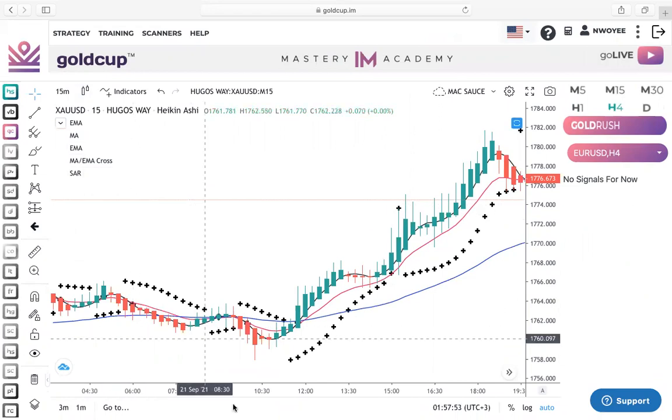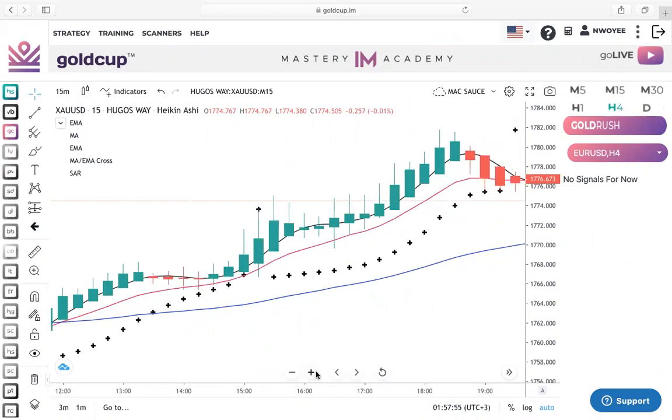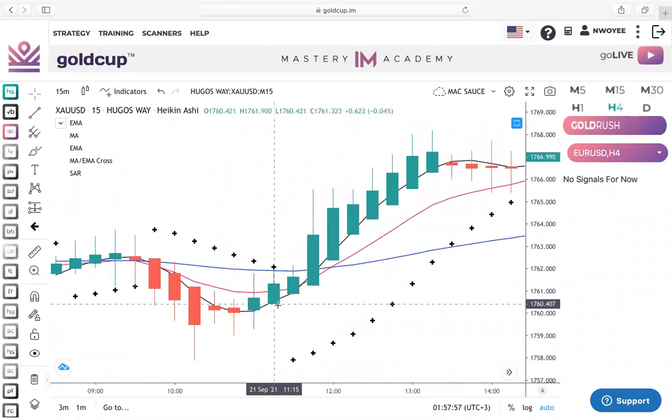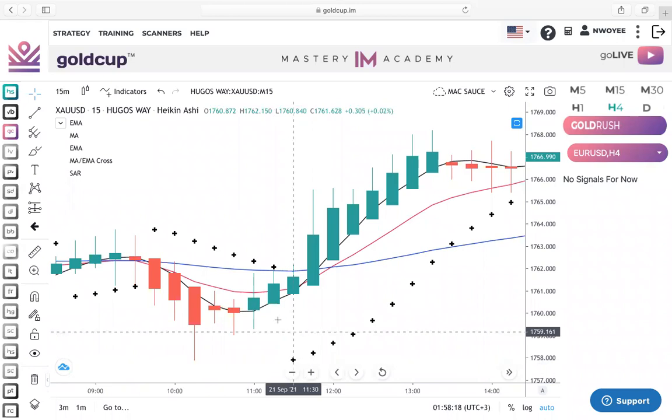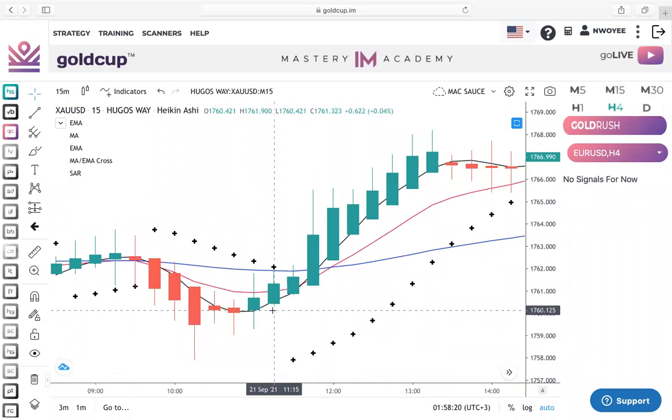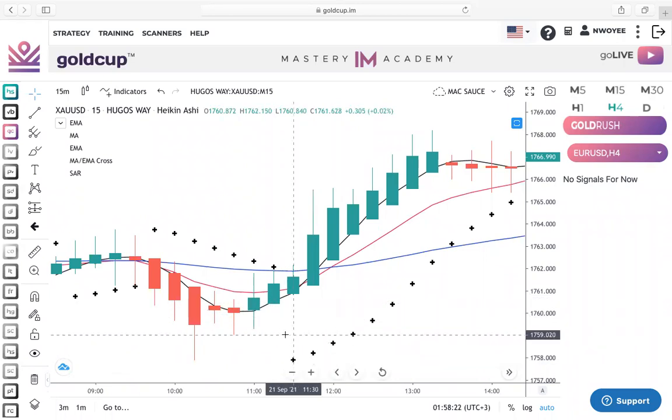Remember, I talked about that earlier on this call, but I want to see a flat bottom green candle and a SAR at the bottom. This is the SAR. I talked about each one of them before moving forward. The SAR is this black thing. I want to see it under the green candle. That is my third confirmation for a buy.